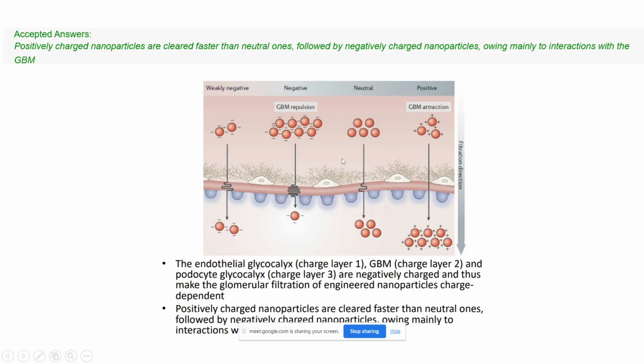That is followed by the neutral particles, and then negatively charged particles face severe repulsion from these different layers of negative charge, so they are cleared less compared to positive and neutral particles. So the order would be positively charged nanoparticles cleared faster, followed by neutral, followed by negatively charged nanoparticles.